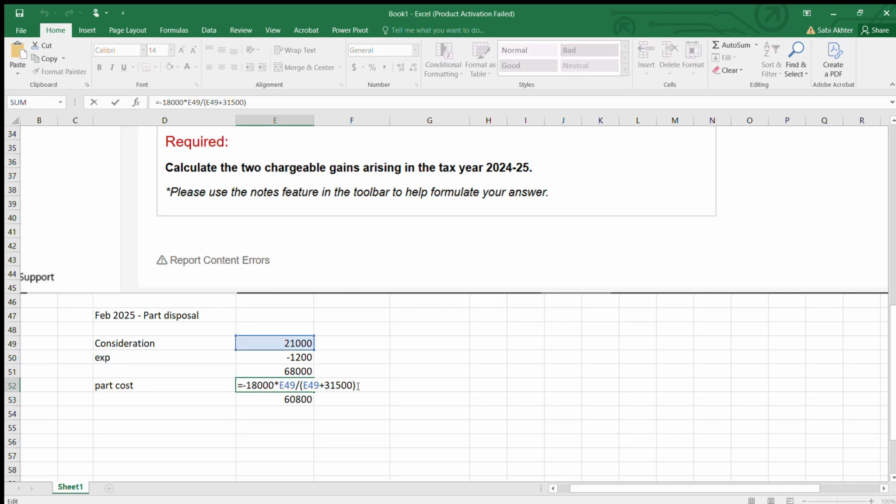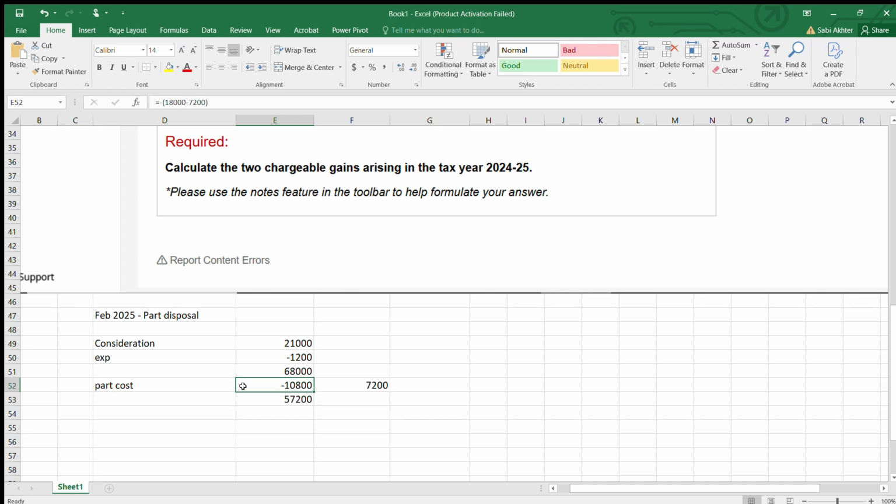So when you are taking the cost here, you have to take 18,000 minus 7,200. So minus 10,800.